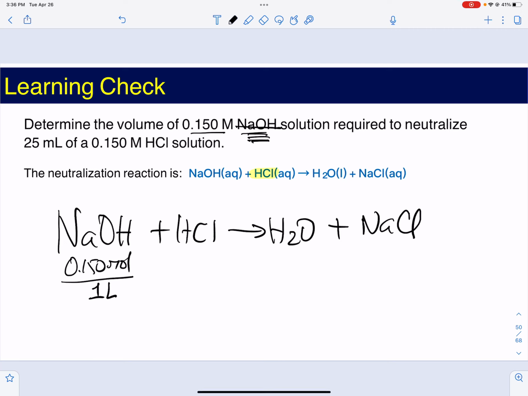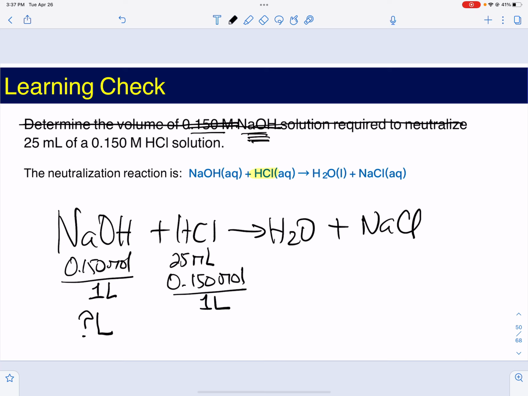That's your NaOH, and you're looking for the volume. You want to know how many liters are required to react with 25 milliliters of this, which happens to be 0.150, not capital M, but moles in 1 liter. Everything the problem says, you translate it into the equation.